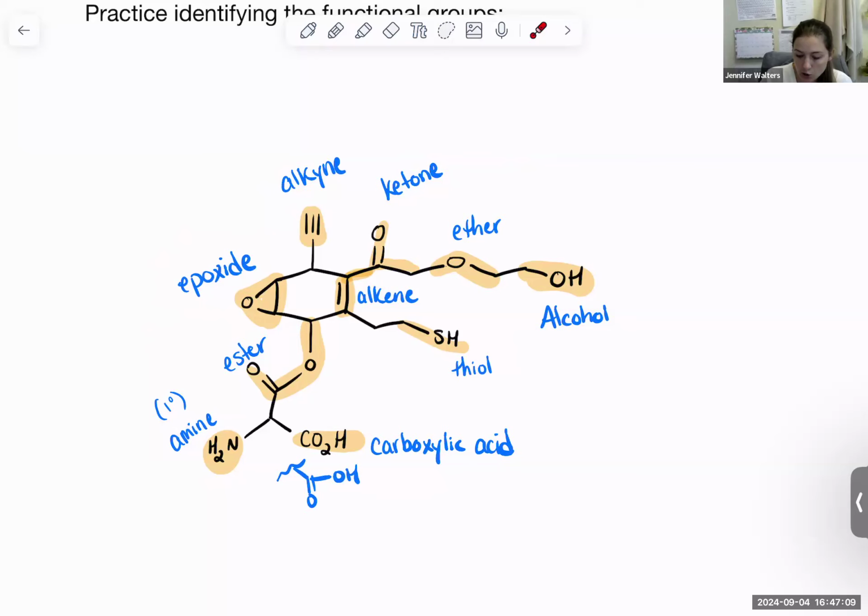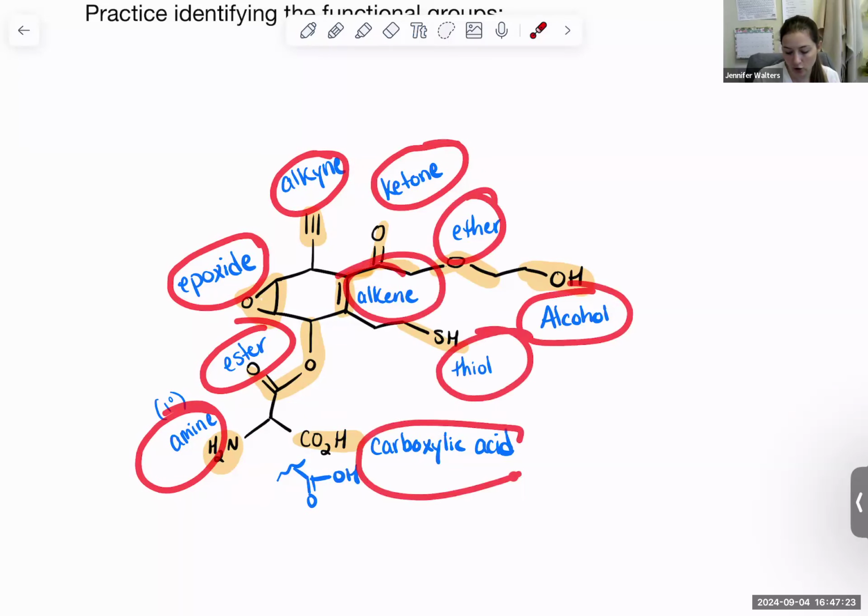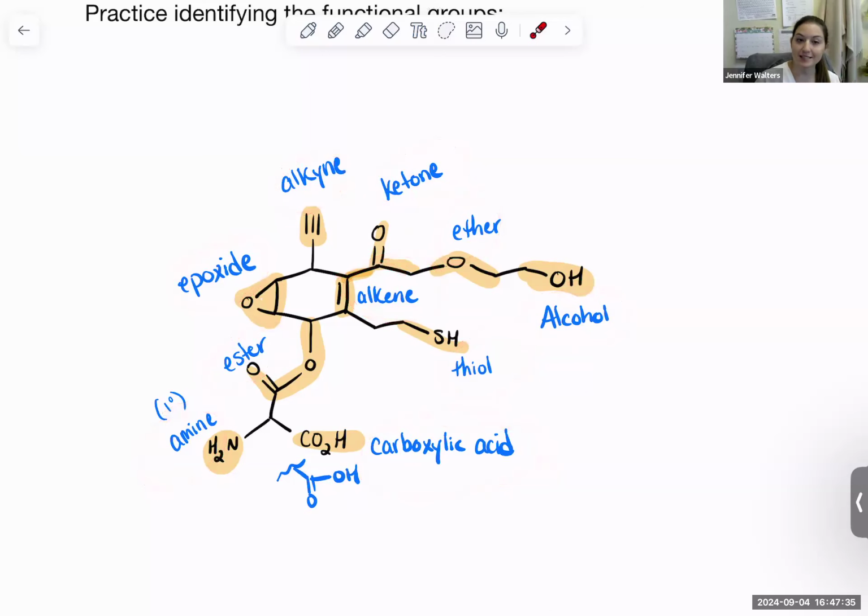If you were to identify them, in say a multiple answer type setting where I have a whole bunch of functional groups listed out and you're to pick them, you would pick amine, ester, epoxide, alkyne, ketone, ether, alcohol, alkene, thiol, and carboxylic acid. You wouldn't pick amide. You wouldn't pick thioether. You wouldn't pick any of these other ones because they aren't there.